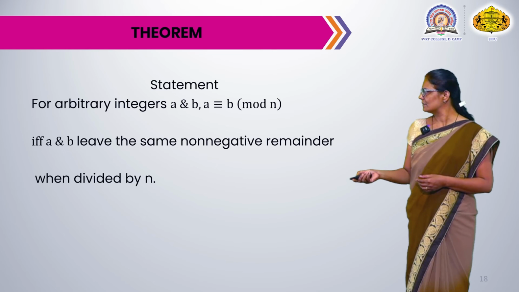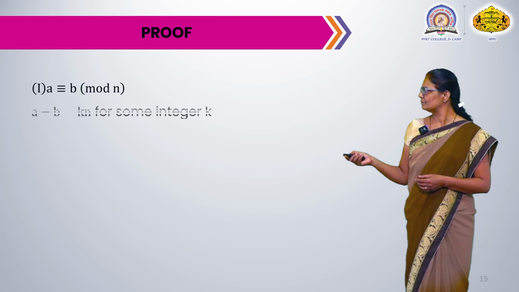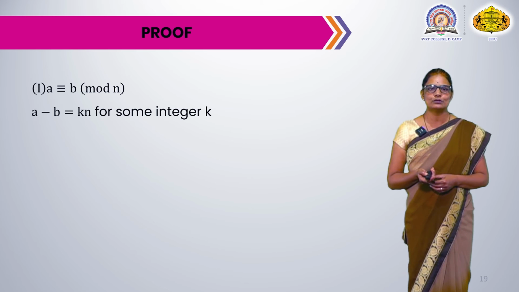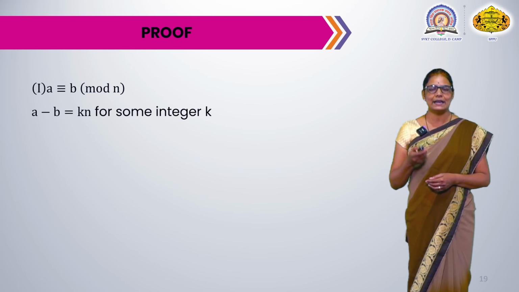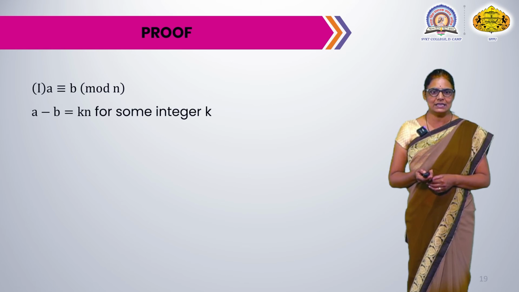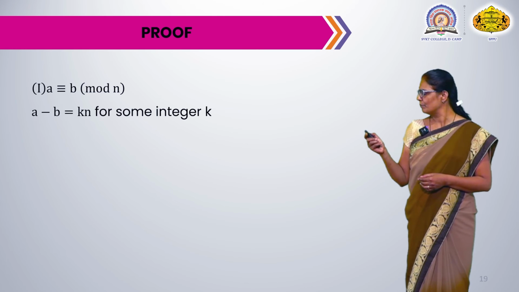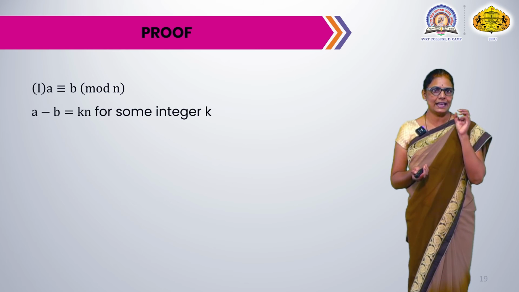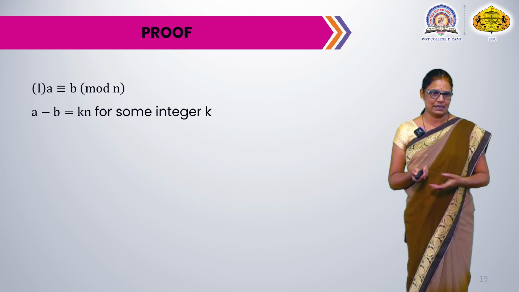So let us consider the first part. Write the hypothesis here. Our hypothesis is a is congruent to b modulo n. We assume this, and so by the definition of congruence, the difference a minus b is equal to some integer, say k, times n. Our aim is to prove that a and b leave the same non-negative remainder when divided by n.